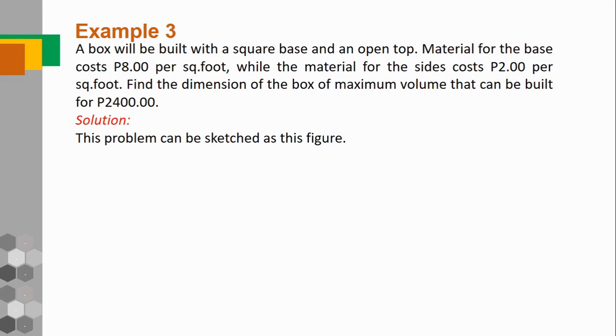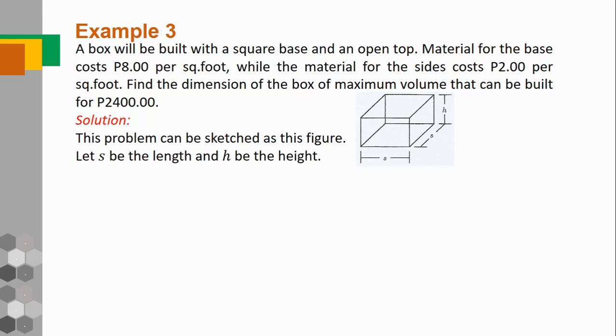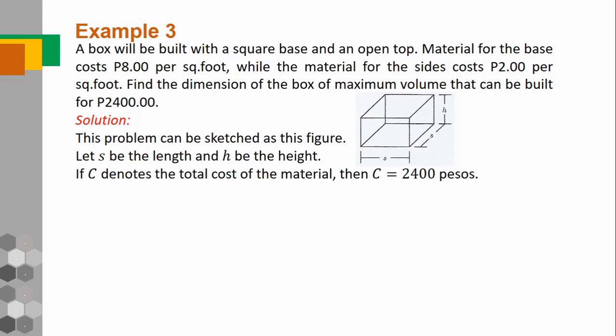For our solution, once again, we first need to draw the sketch of this problem, and this is shown by this figure. We let S be the length and H be the height. If C denotes the total cost of the material, then C equals 2,400 pesos.